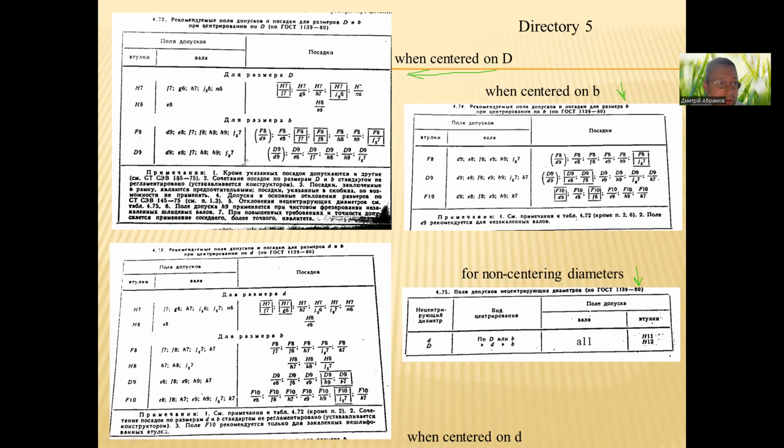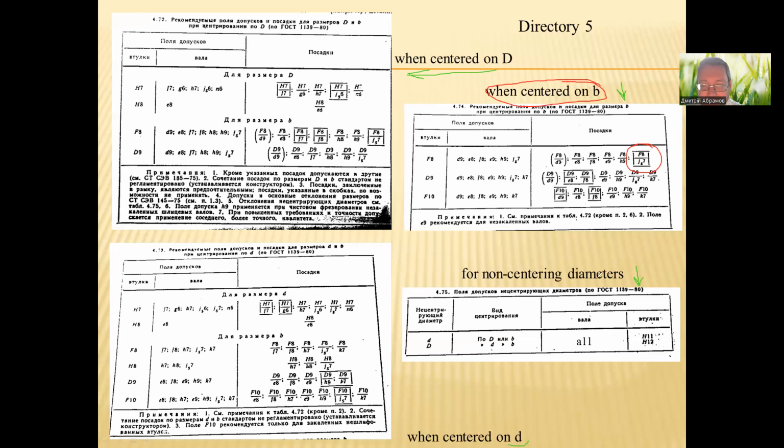So when centering on B, we should use the table for centering on B. And we can choose these parameters: F8 and JS7. F8 for the hole or for the bushing, and JS7 for the shaft.